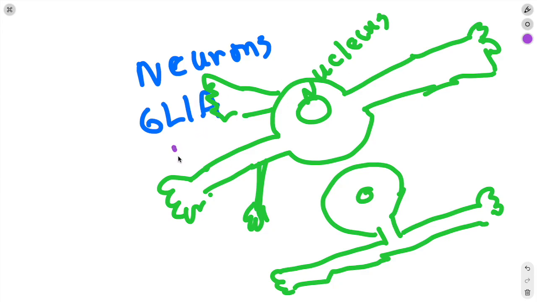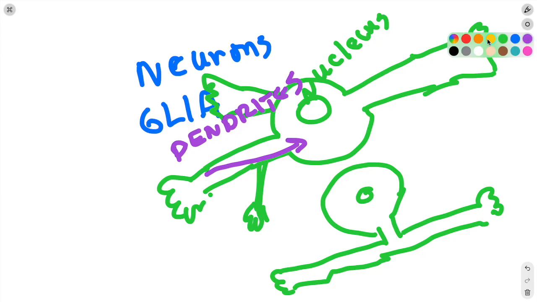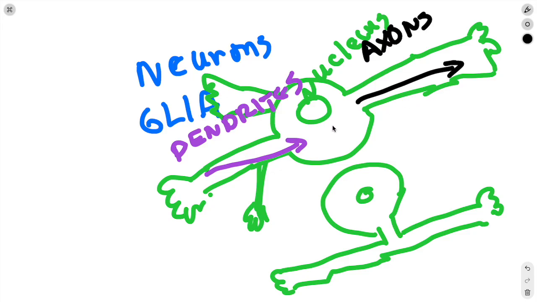One of the processes, or group of processes, is called dendrites, and they're going to be bringing the communication, the electrical pulse, in toward the cell body. And then the other processes are called axons, and they're going to be bringing the information out away from the cell.